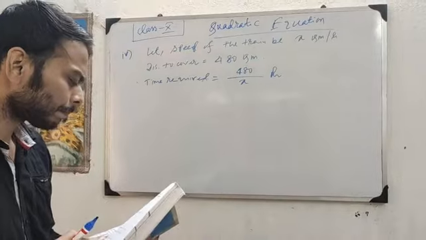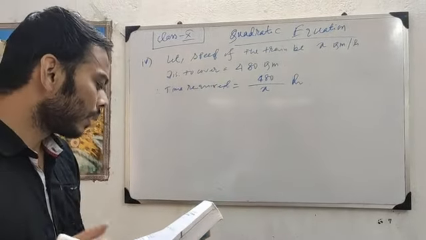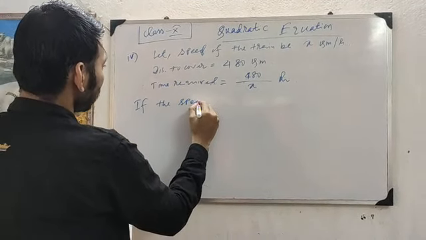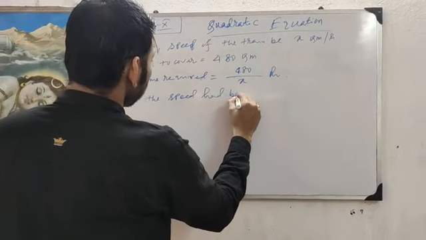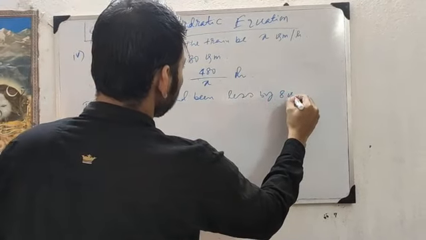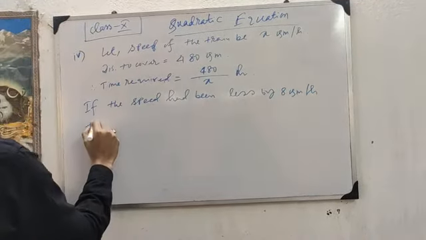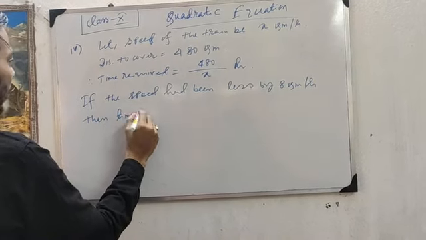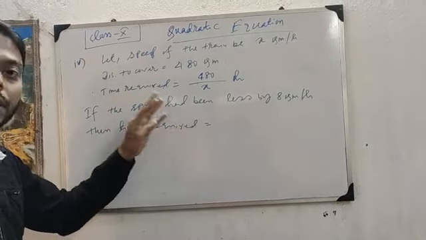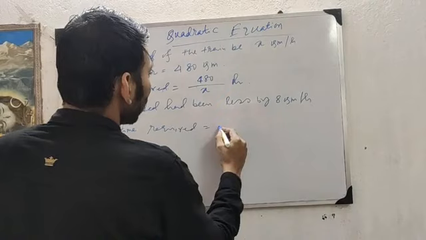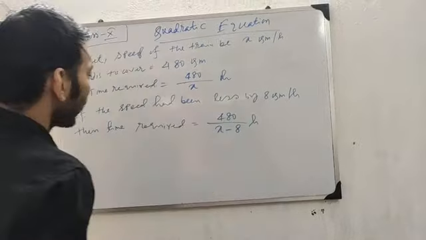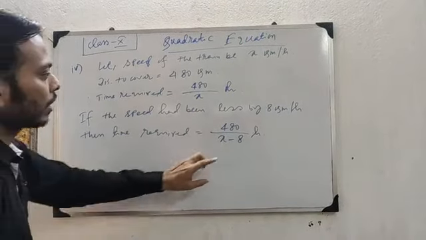Now if the speed had been less by 8 km per hour, then the time required to cover the same distance will be 480 by (x − 8) hours.